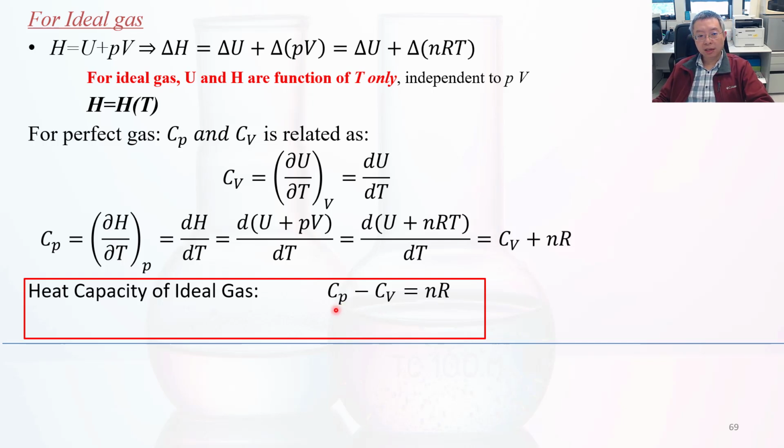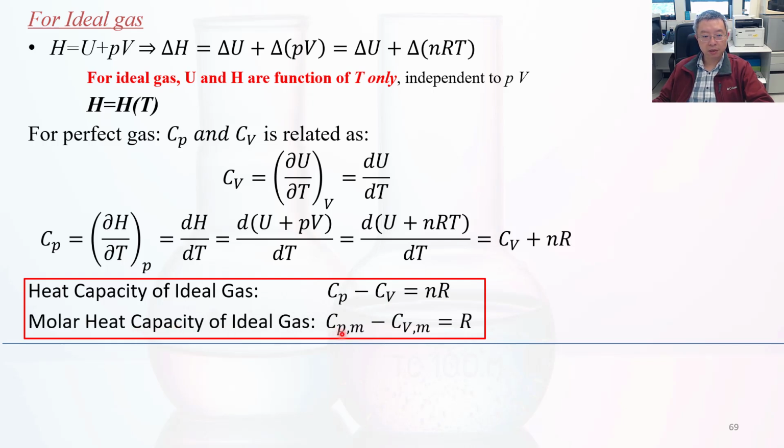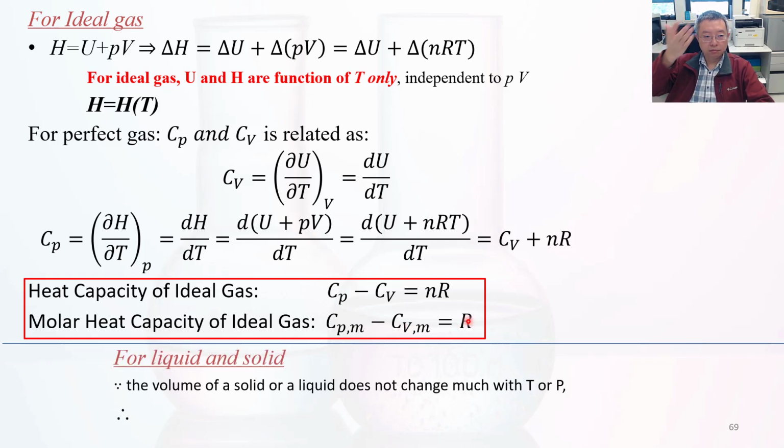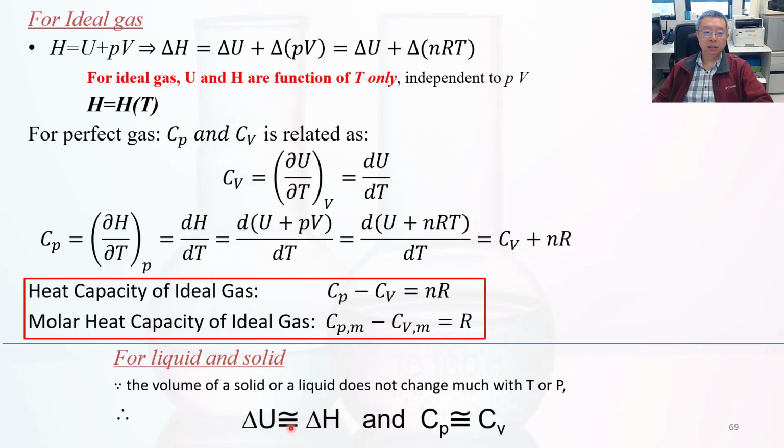So these are the heat capacities, and for molar heat capacities, Cpm minus Cvm is equal to R. For liquids and solids, the volume does not change much with P and T, so delta U and delta H are almost the same. Cp is almost the same as Cv because the expansion work is almost negligible, unless you have extremely high pressure.